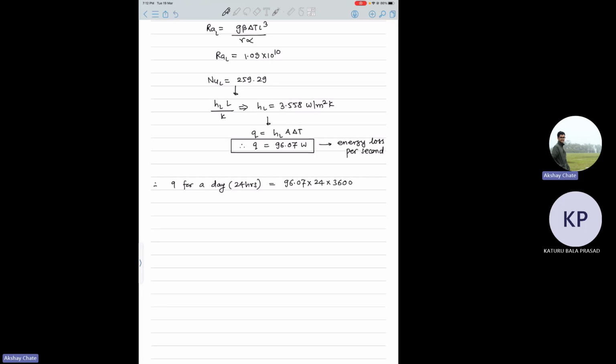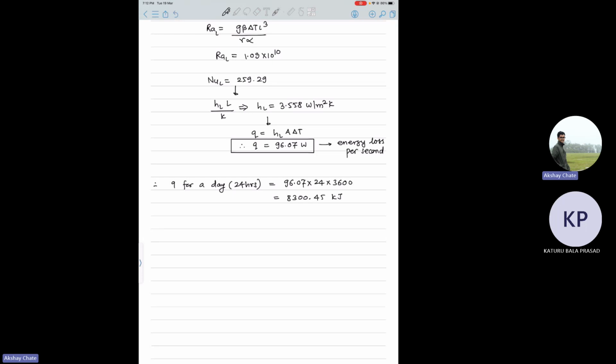So that comes out to be 8300.45 kilojoule.